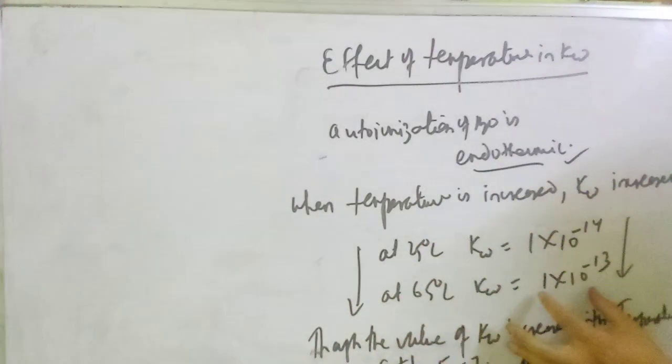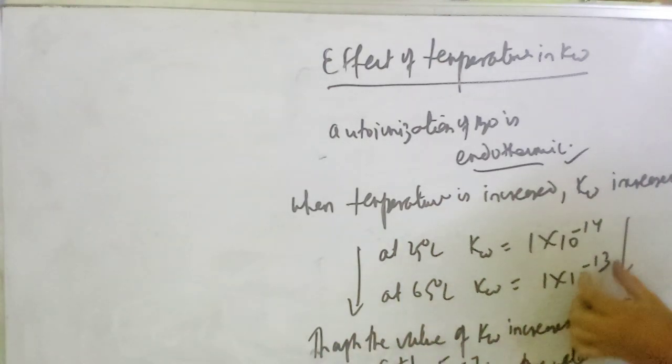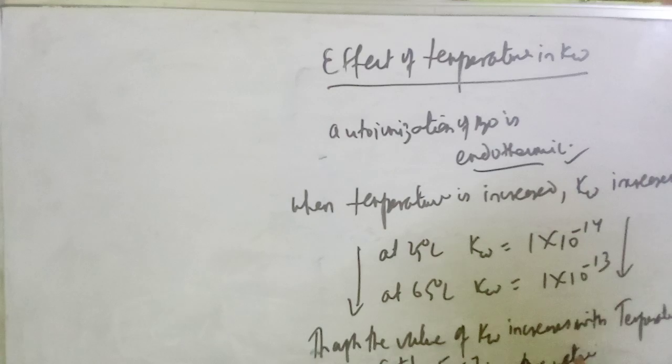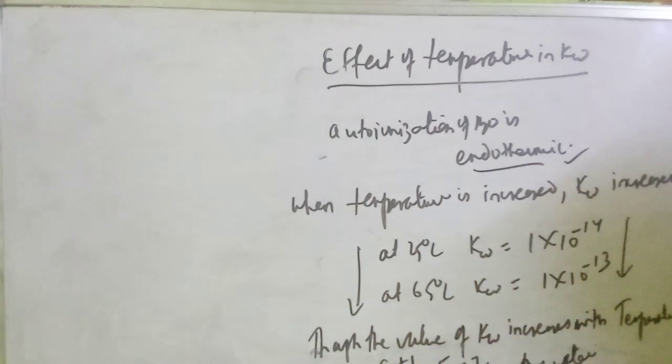That means at 65 degrees centigrade, the H plus ion concentration is 1 into 10 to the power minus 13 divided by 2, so just half. Whatever the Kw value, H plus and hydroxide ion will be equal in pure water. For example, at 25 degrees centigrade, we have already said that H plus ion concentration and hydroxide ion concentration are 10 to the power minus 7 in pure water.